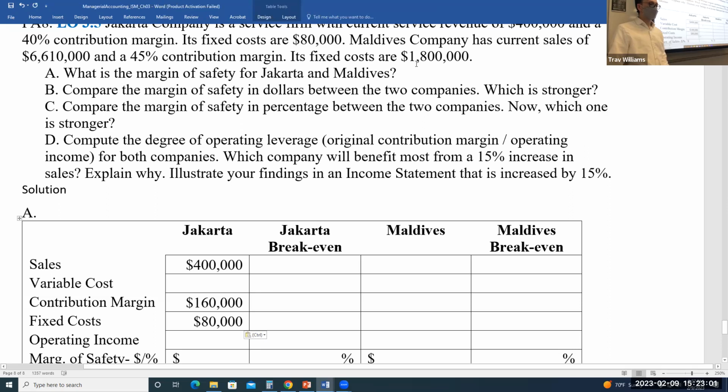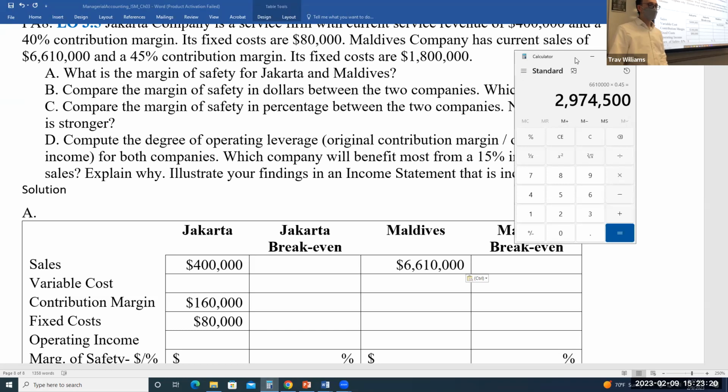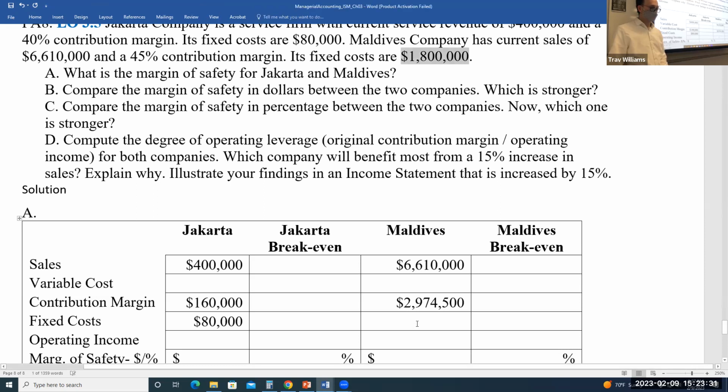Maldives has sales of 6,610,000. They have a 45% contribution margin. So that comes out to $2,974,500. And these are their fixed costs, 1.8 million.